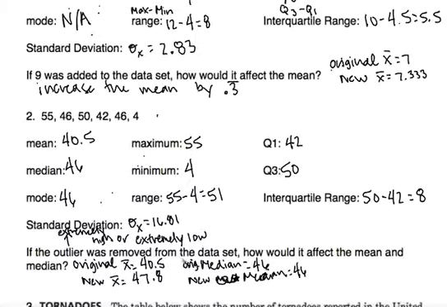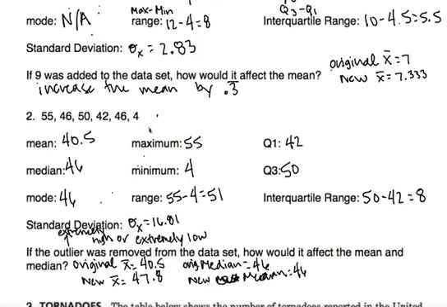So keep in mind that the median is based on the number of points that you have. So if you get rid of an extremely high or extremely low value, it just changes the number of points that you have. It doesn't change what could be the point in the middle.